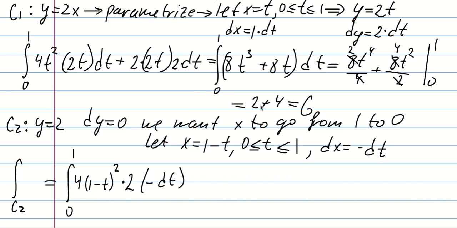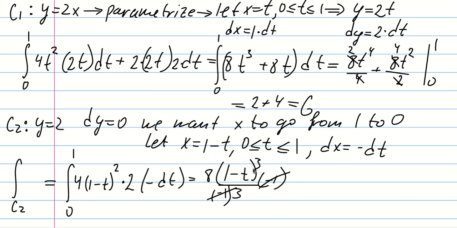But since dy is equal to 0, the rest will just zero out. The rest will be just 0. So we have 4 times 2, which is 8, times (1 minus t) cubed over 3. And then we have to put a minus here, minus 1 to compensate for this negative t, so it's going to be negative 1 here, and this negative 1 is over here, which will divide into a plus.